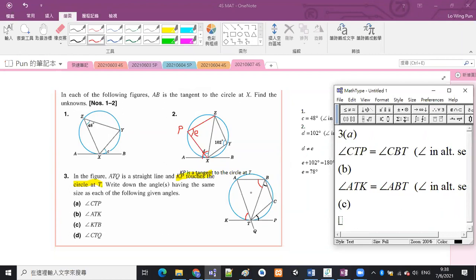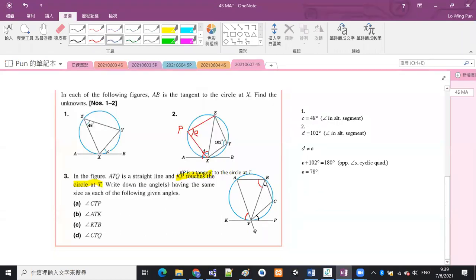Okay, and then part C, angle KTB. KTB is this one. I want to find an angle which is equal to this angle KTB. Because KT is a tangent, TB is a chord. So this blue angle is also an angle between chord and tangent, right?